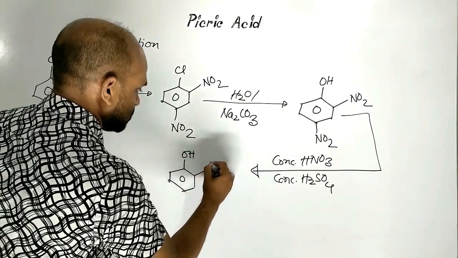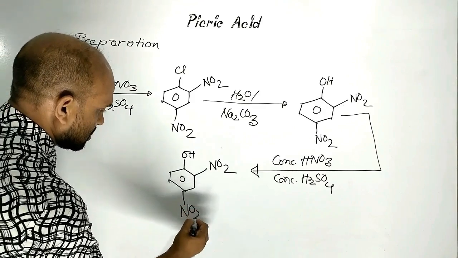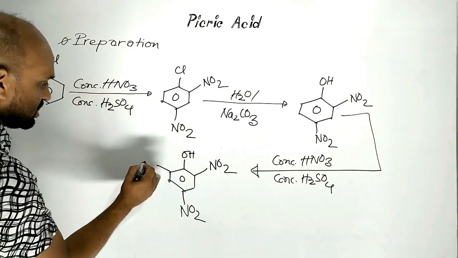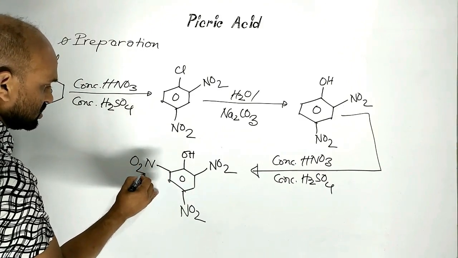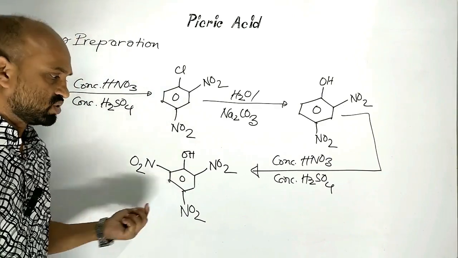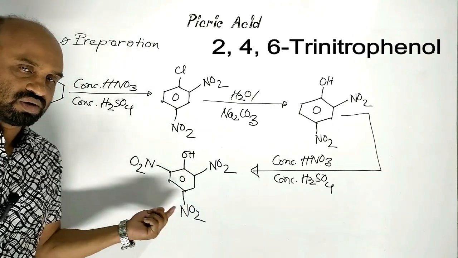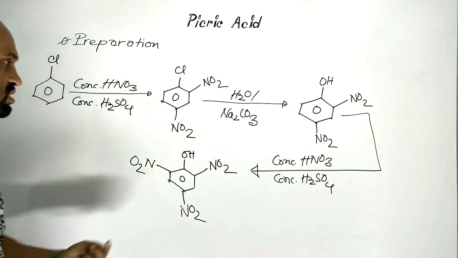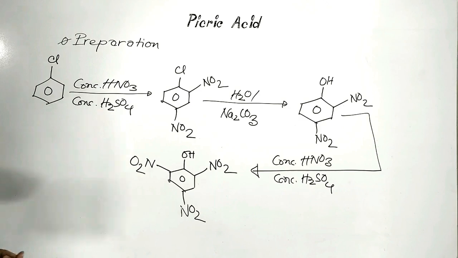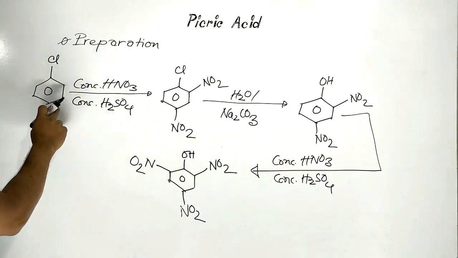OH, at ortho position nitro group, at para position nitro group, again at ortho position another nitro group. That is, picric acid is formed. 2,4,6-trinitrophenol. Picric acid is obtained from chlorobenzene. Through this reaction, picric acid can be prepared from chlorobenzene.